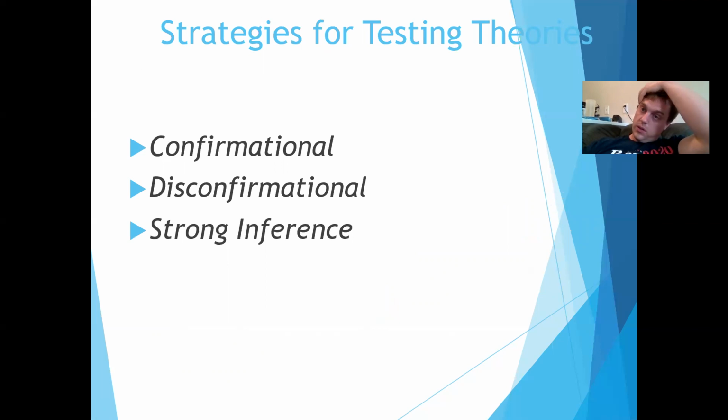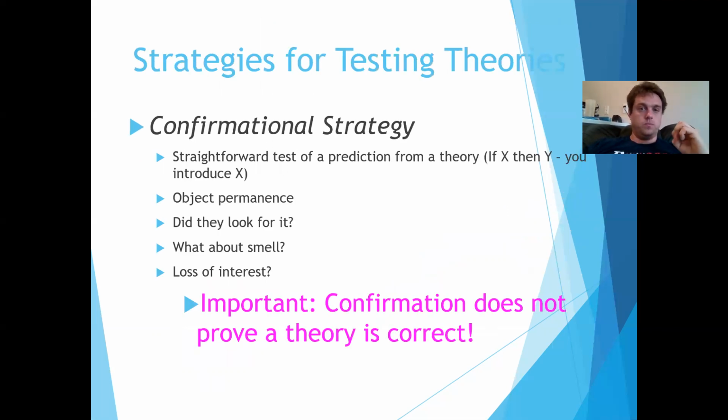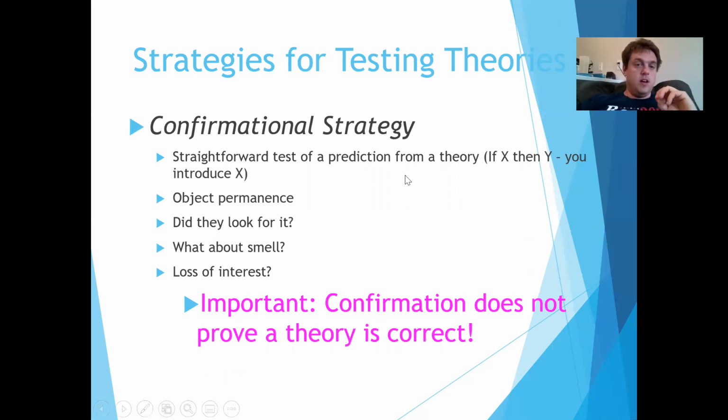Okay, so let's talk quickly about some of the strategies for testing theories, because theories are super important and spawn research. So one strategy is known as the confirmational strategy. This is just a straightforward test of a prediction from a theory.